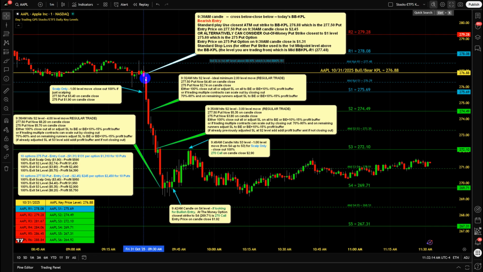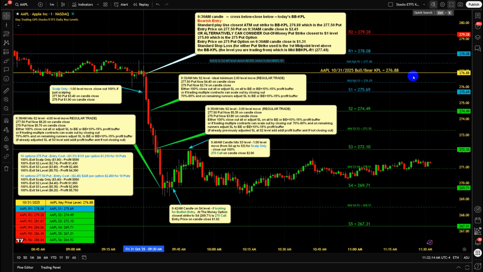So you have to know which strikes. You can't just pick any strike or any put on a bearish play. There are limitations on what you should utilize on a bullish or bearish play with this indicator, and it depends on the main level that you're trading from and the bullish or bearish direction of the trade.